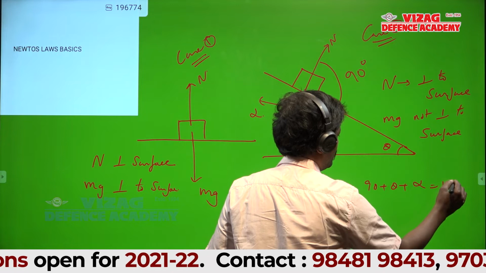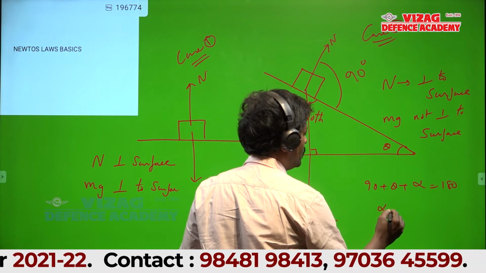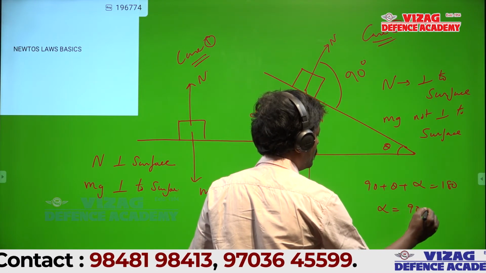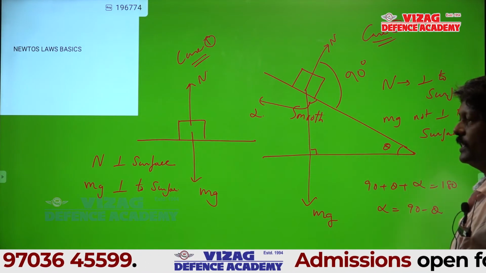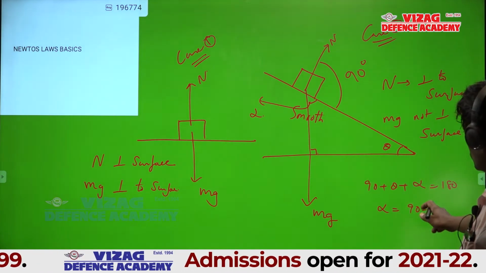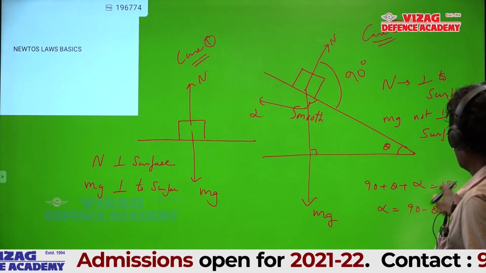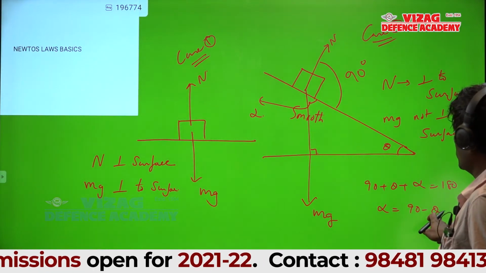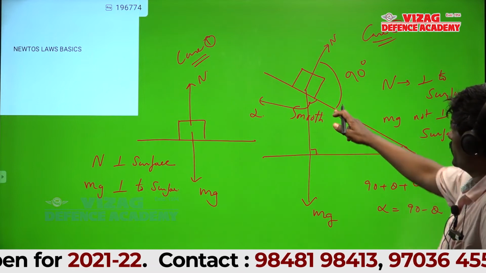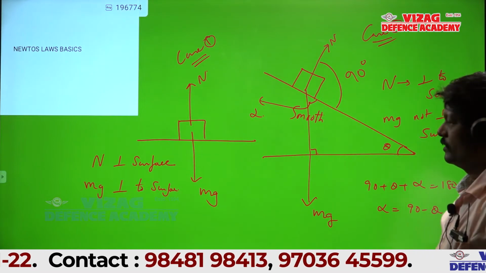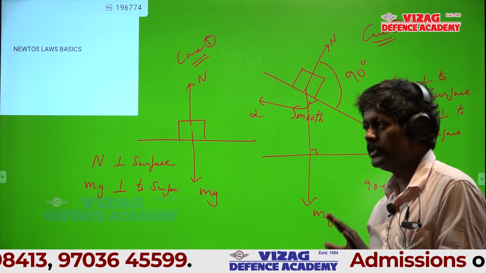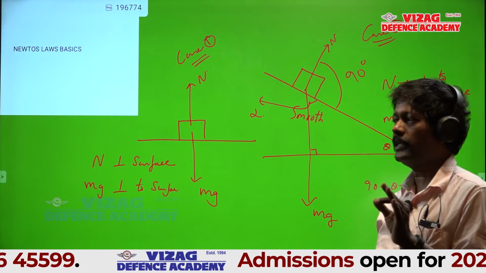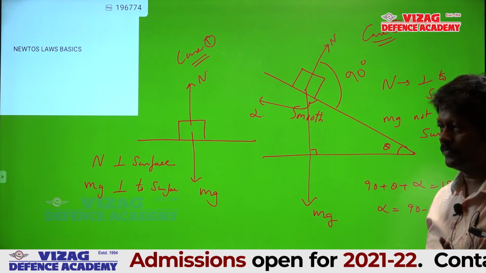Then alpha is how much? That angle is 90 minus theta. 180 minus 90 minus theta. So what is that angle? 90 minus theta.